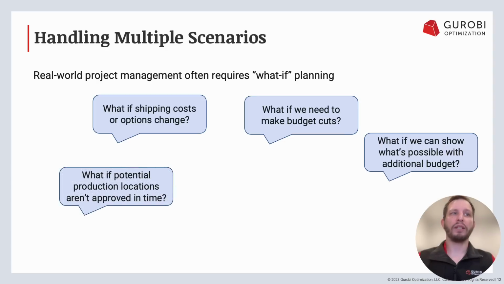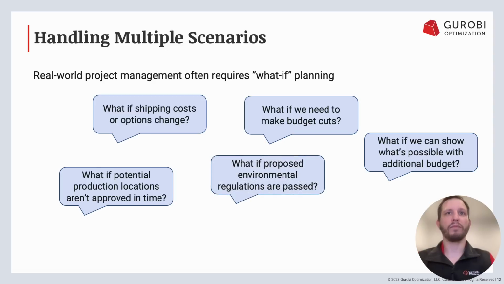What if potential production locations aren't approved in time? So there's some legal battles happening, or paperwork or something like that, where it may be possible that we want to open a production facility in a certain city, but it just may not be approved in time, and we may need to consider other options.